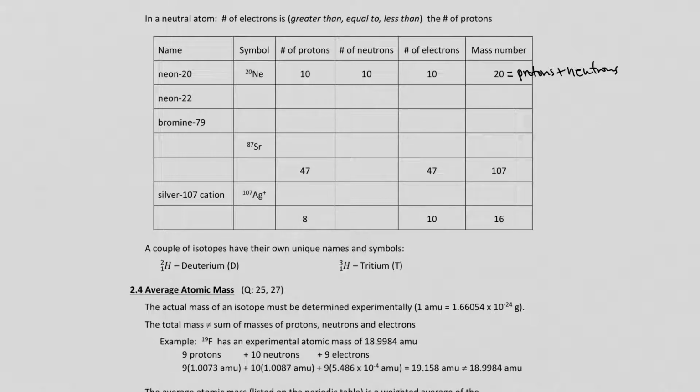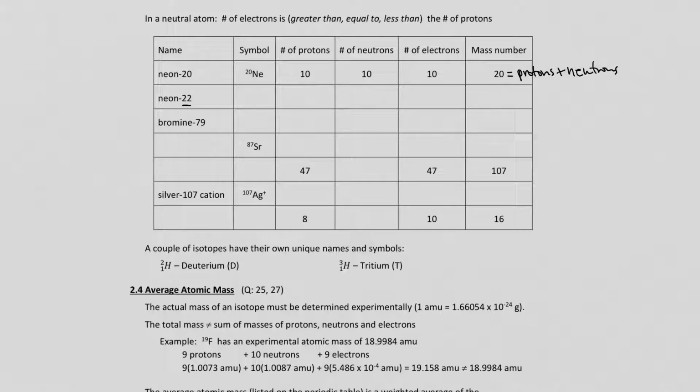Cool. So remember, mass number equals protons plus neutrons, and charge equals the protons plus the electrons. Remembering that fewer electrons than protons means positive charge, and more electrons than protons means negative charge. So let's do neon 22 together.